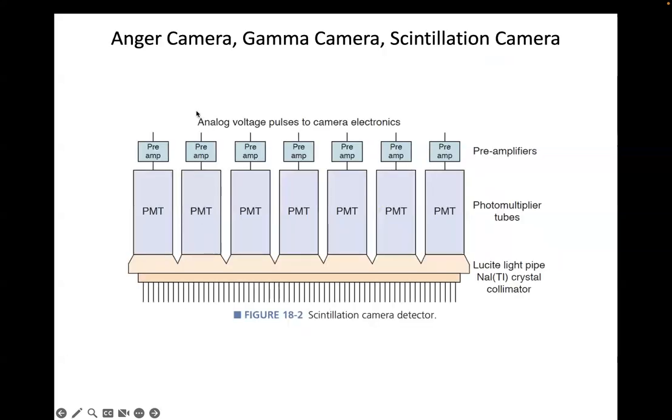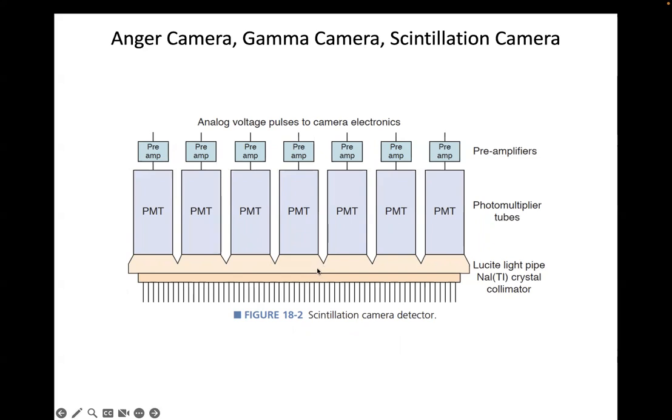So here's a sort of cartoon of the organization of the photomultiplier tubes above this crystal that causes the flash of light. And these septa could be made of lead to try and stop photons that are coming in at an angle. So this collimator is in front of our detector for the gamma rays that causes a flash, and then there's the photomultiplier tube.